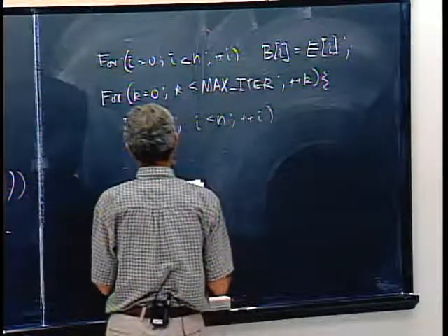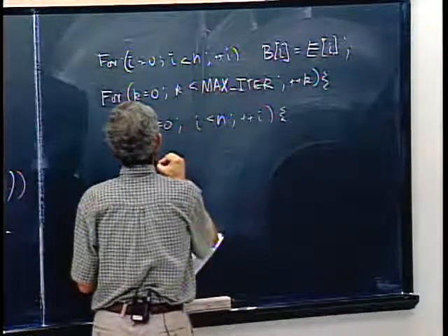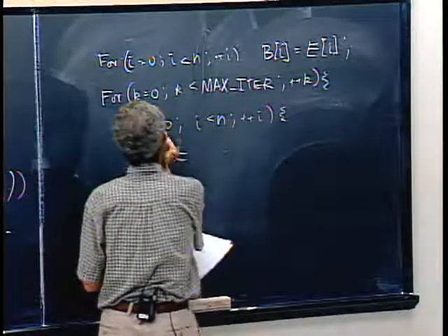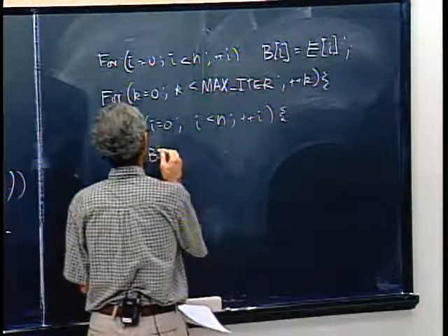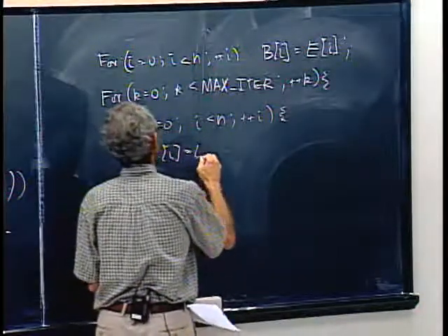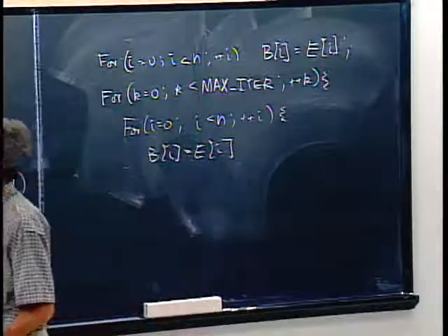I'm going to initialize Bi equals... I'm sorry, it should have been brackets now because it's C code. Right, that adds on this term.